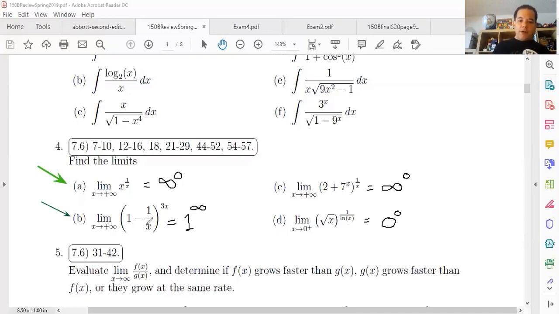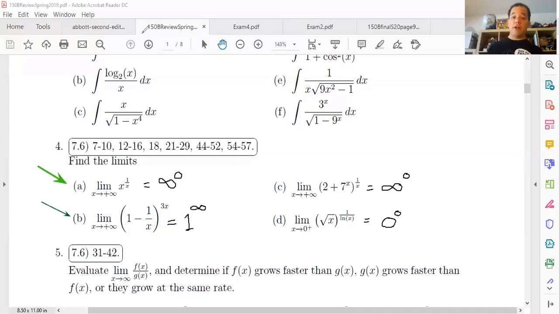Maybe let's do part B and D. So this is 4B. We want to do the limit when x goes to infinity of 1 minus 1 over x to the power 3x. All right, and we already said that this looks like 1 to the infinity.